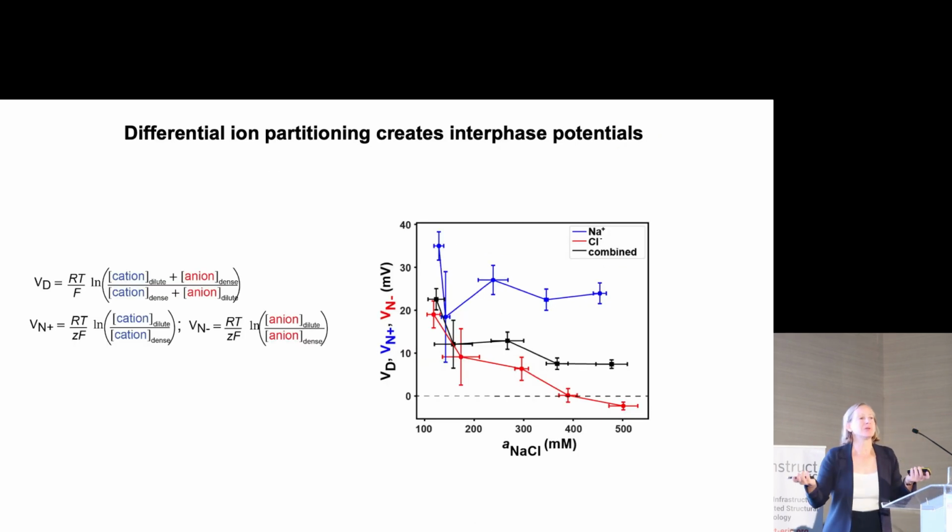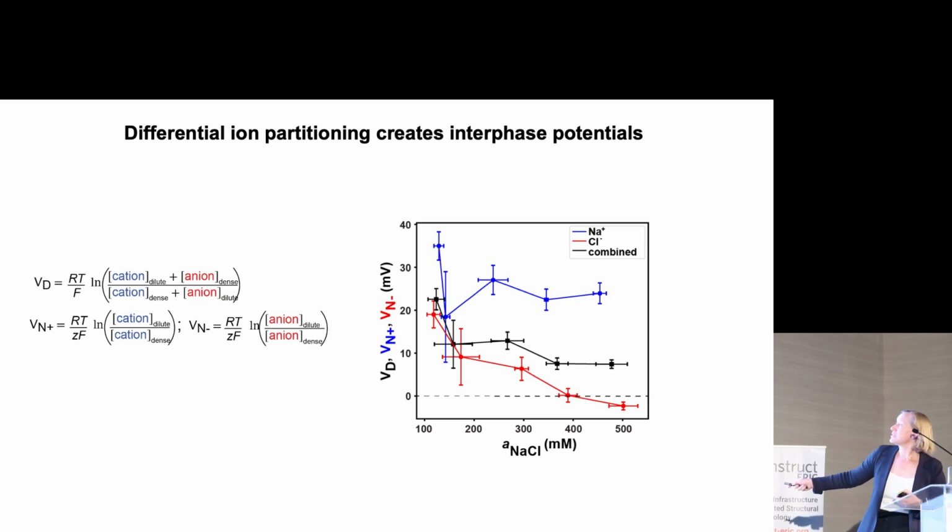Well, if we have this unequal ion partitioning, that means we have electric potentials between these two phases, right? And basically the same equations that apply across membranes apply here, and we can calculate them because we have measured these ion concentrations. And you see the potentials plotted here. The dominant potential is really the potential that tells us how much unequal charge is over this interface.